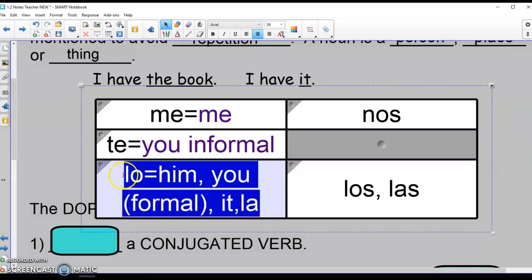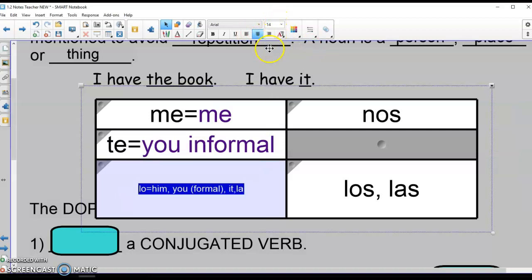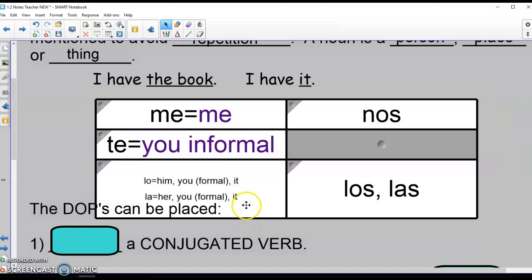It can mean all of those things. Okay, la can be her, you formal if it's a female, or it. So several different meanings for lo and la.